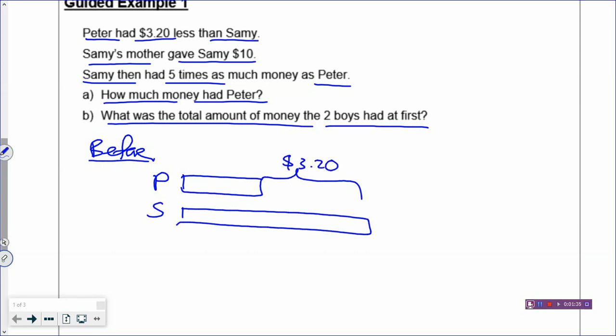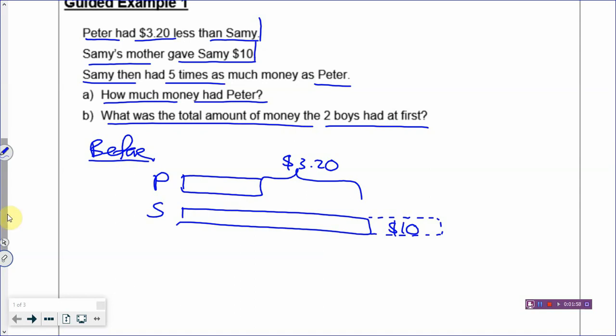So you draw the first sentence already. Now, Sammy's mother gave Sammy $10. So how do you show the receiving? Now, I draw a box. It's still the before model. It means that Sammy is going to get $10, but he hasn't received yet, but he's going to receive it. And then Peter is still unchanged. Nothing happens to his money. Alright, so you have done until here.